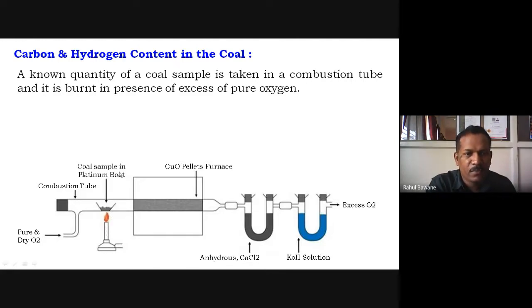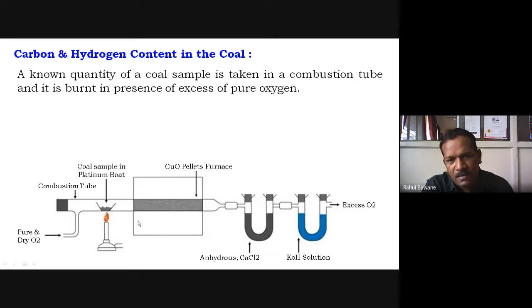The known quantity of the coal sample we selected, we put in this platinum boat. Then with the help of this burner we start burning. Combustion takes place. Now it might be possible that some carbon is not completely converted and remains as CO, partial combustion, carbon monoxide. Such partial combustion we have to avoid.